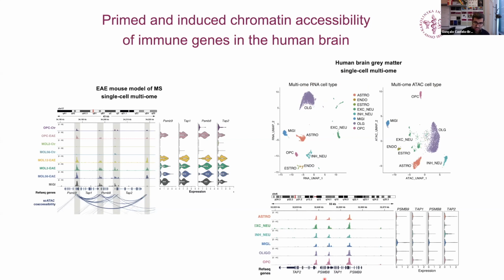Then we looked at the same locus that we had looked at before, and what we can see is again, as we had seen in the mouse model of MS, but also in control, chromatin accessibility at these promoter regions in oligodendrocytes, OPCs and microglia. But what was even more interesting is that even neurons and astrocytes presented chromatin accessibility, suggesting that this chromatin priming of immune genes might be more widespread than previously thought.